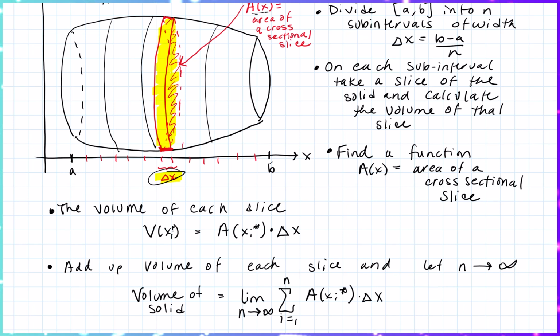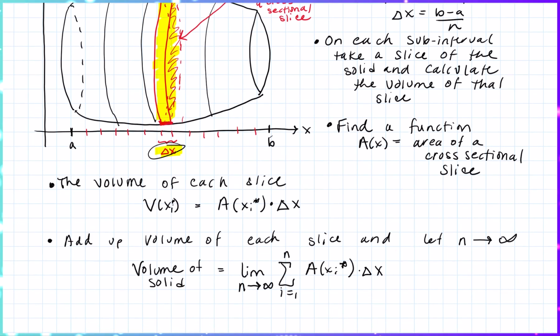By letting n go to infinity, think of that loaf of bread analogy again. We're slicing the slices infinitely thin. We let the width of each slice get infinitely thin. As the number of slices goes to infinity, the width of each slice goes to 0.